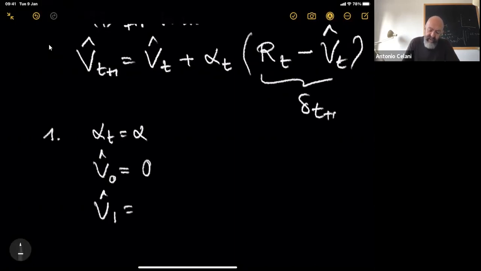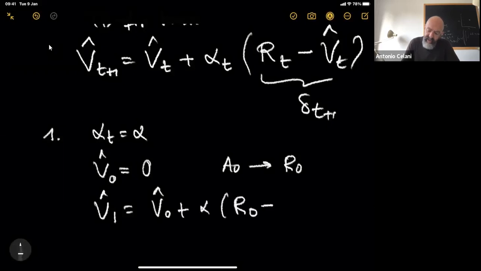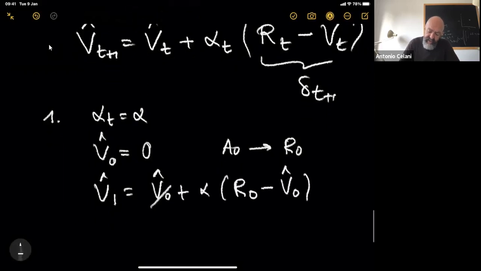You pick an action A0, and this gave you a reward R0. Then you update according to this rule with alpha constant: this is going to be the reward at step 0 minus v at step 0. But both of these are 0. So at my first step, I just get alpha times the reward that I just measured. Okay, so far so good.